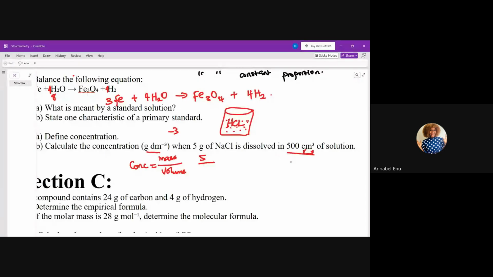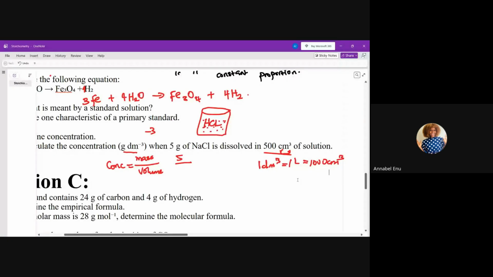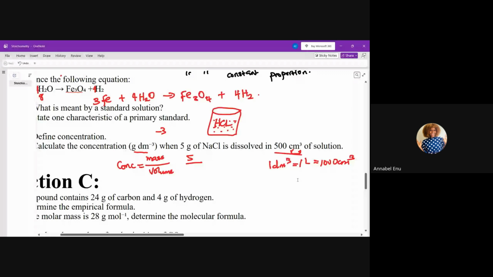Okay, so we should know that 1 dm cube, which is also 1 liter, is equal to 1000 centimeters cube. This is a conversion that we should know at the back of our minds. So if 1 dm cube gives us 1000 centimeters cube, then how many will give us 500 centimeters cube?